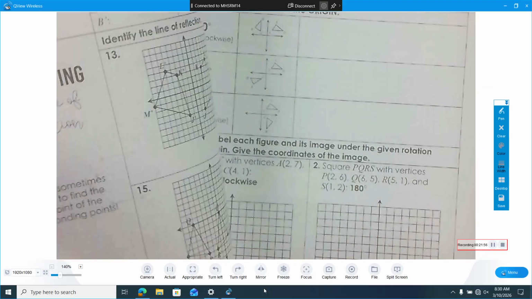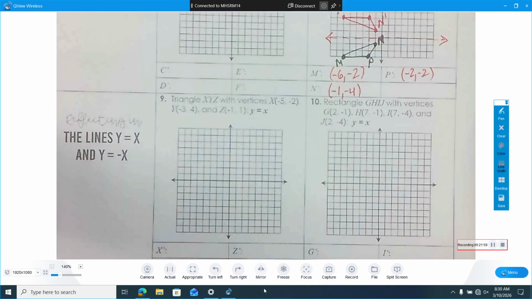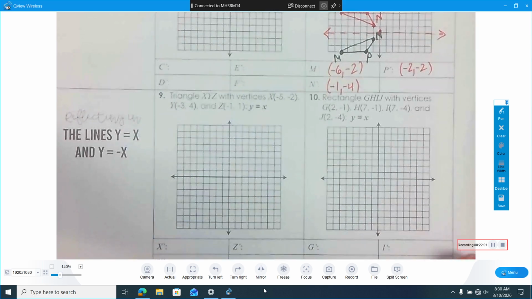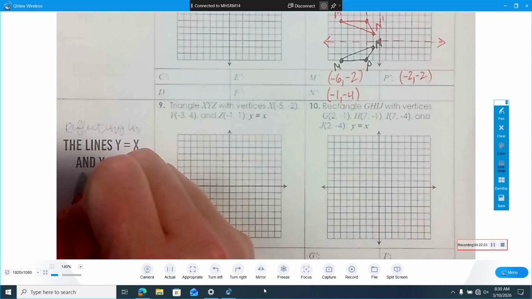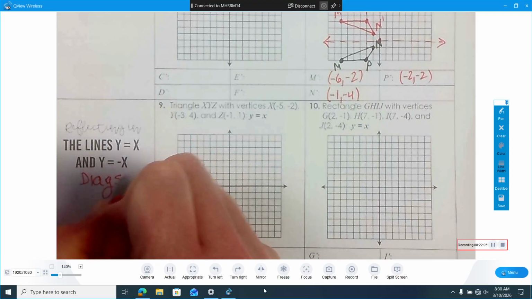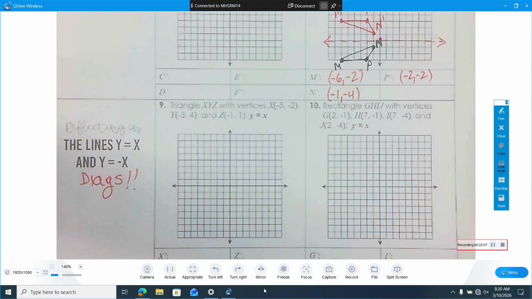Now let's see what else we have here. Okay. Here, reflecting across our diagonal lines, these are our diagonal lines, okay? Y equals x and y equals -x. All right.